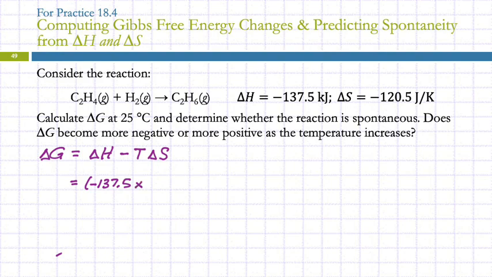So I'm just going to put kilo as times 10 to the 3. Minus, and here, the units on delta S give us a clue. We got to put that in Kelvin. So that's 298 Kelvin times negative 120.5 joules per Kelvin. The Kelvins cancel out.